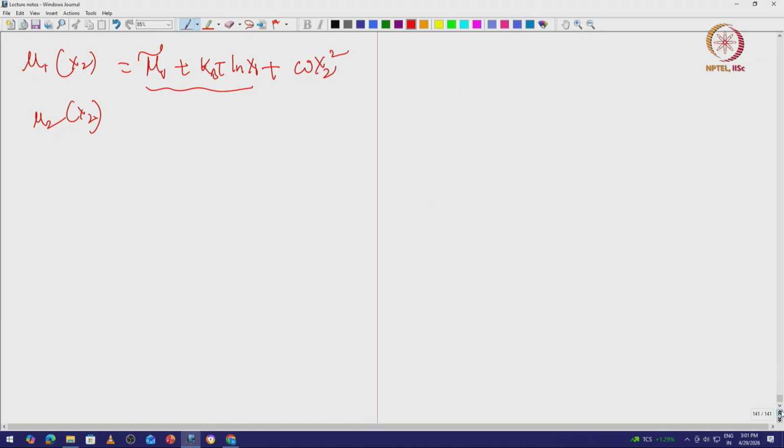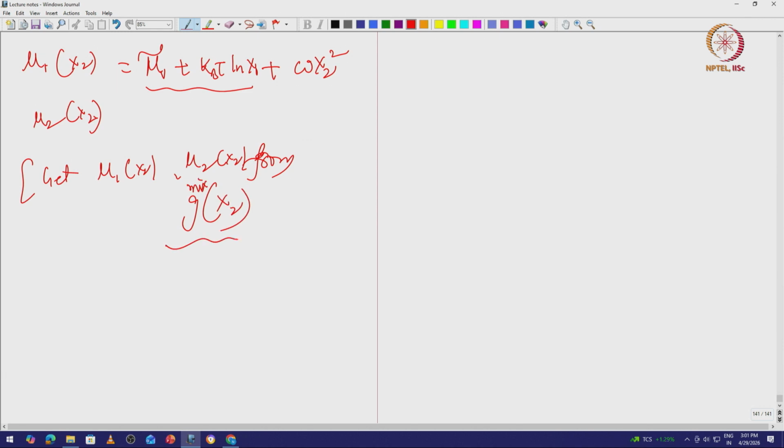I told you how to get mu1(x2) and mu2(x2) from G mix as a function of x2.